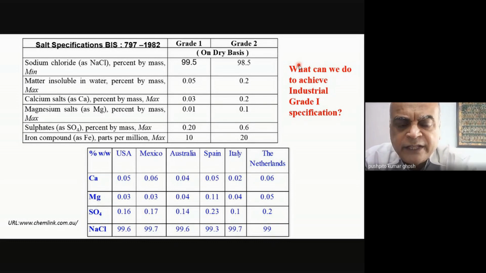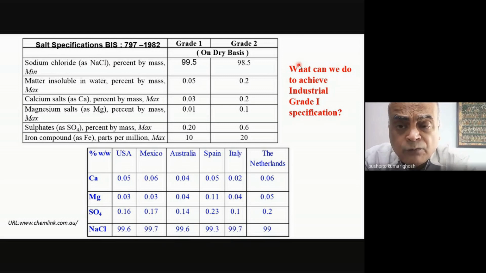So obviously there is a need to make the salt as pure as possible, especially in a country like India, which makes something like 35 million tons of salt. Some of these impurities are not so critical for edible application. In fact, some of these nutrients like magnesium and calcium could be helpful for us as micronutrients in the body.